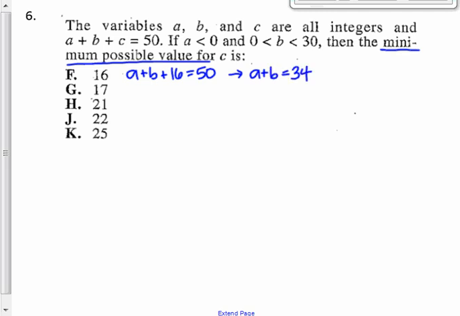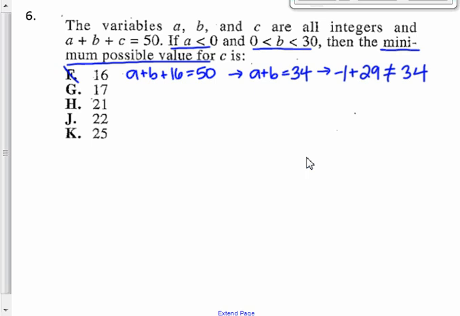So now I'm going to try to make that a true statement while also following the criteria for A and for B. So the biggest number I could make A equal to, whole number, would be -1. So let's consider -1 for A, and then the largest number I could make B equal to is 29. And that does not ultimately equal 34, it only equals 28. So that's not going to be our answer choice.